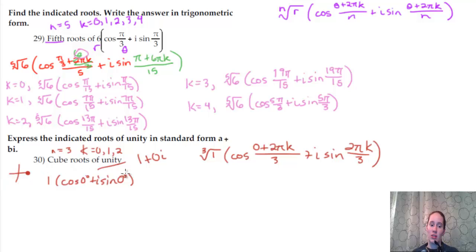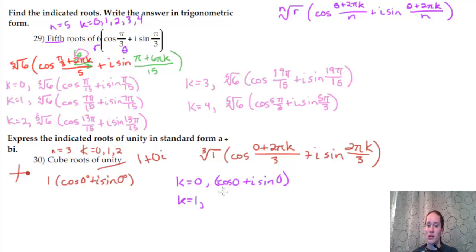And then we want to do k equals 0. So the cube root of 1 is 1. We don't really need to keep writing that. This is cosine. If we plug in 0, we get cosine 0 plus i sine 0. We'll do standard form here in a sec.